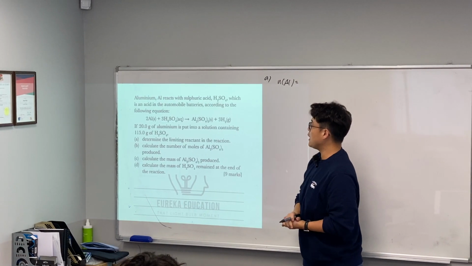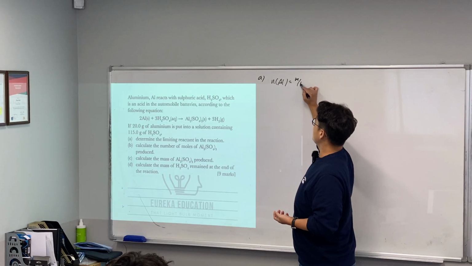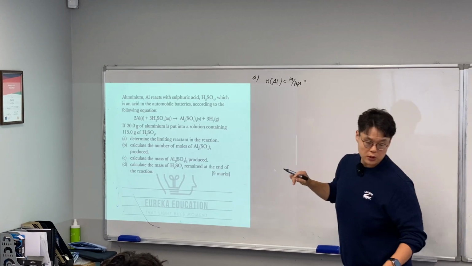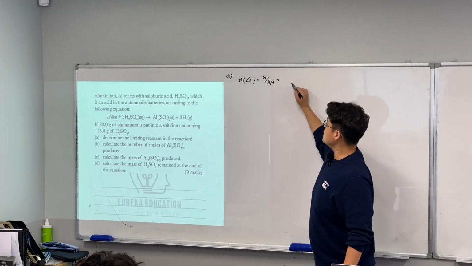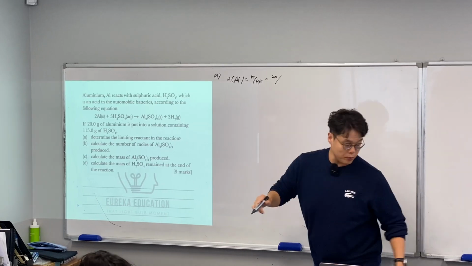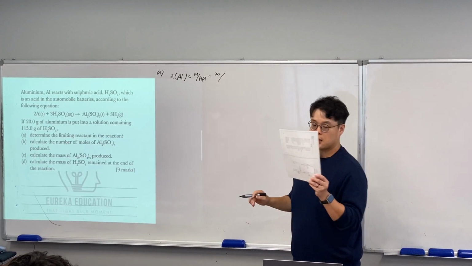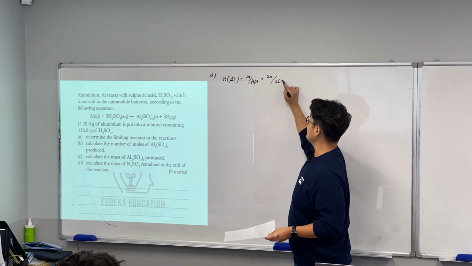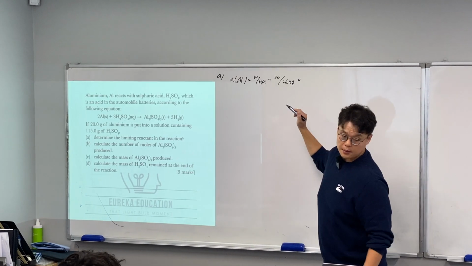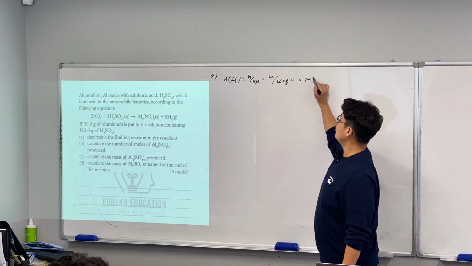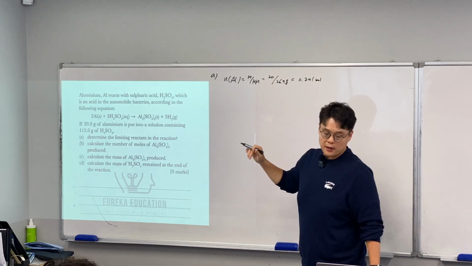So aluminium, n of the Al, use the formula. Check your answer, guys. You need to show all the relevant working out, please. The 20 divided by the aluminium molar mass 26.98, using that value, you get 0.741 mole.